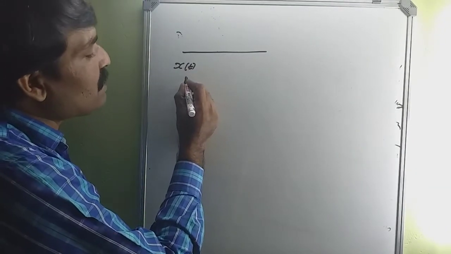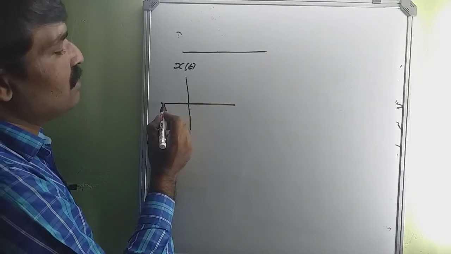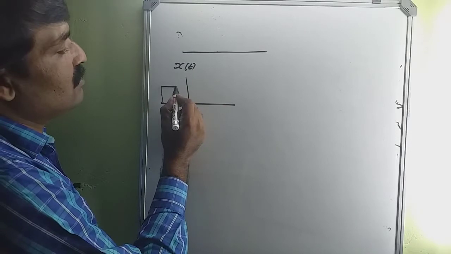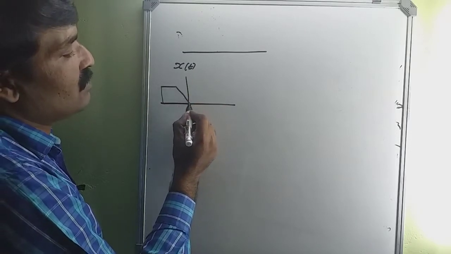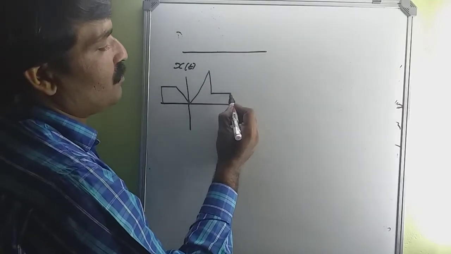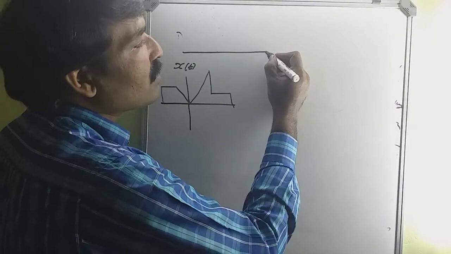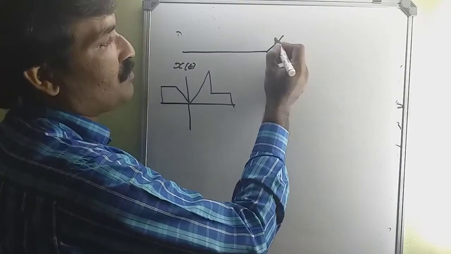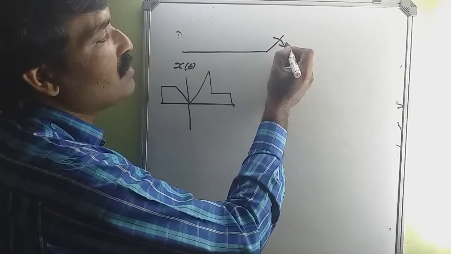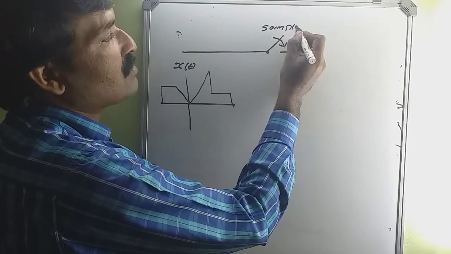So I have a continuous time signal x of t. Let it be represented by this figure. Let this be the continuous time signal, and when it is passing through a sampler, represented by a switch, this is a sampler.